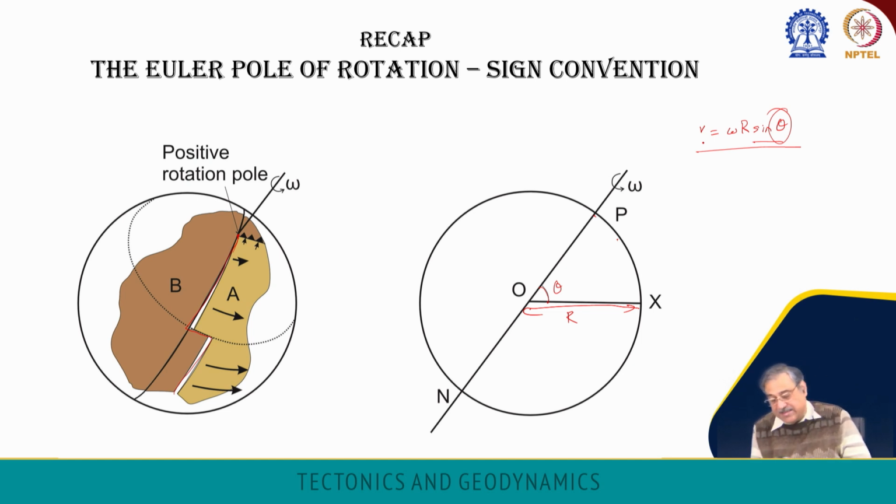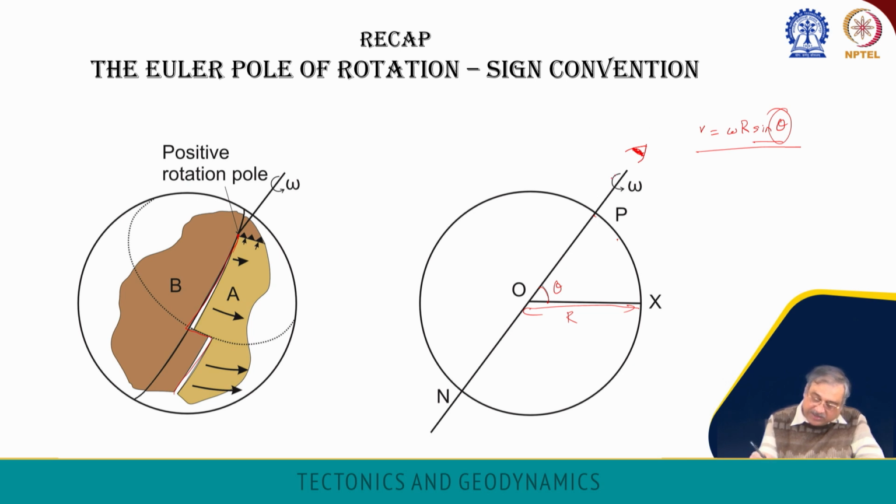Now, also the next thing that is of importance to us is remembering what the sign convention is. So what we do is we think of looking down. Suppose we were looking down this Euler axis of rotation, and if you remember, I drew a beautiful eye here. So that's the eye. Let's darken it out a bit. So I'm looking down here.